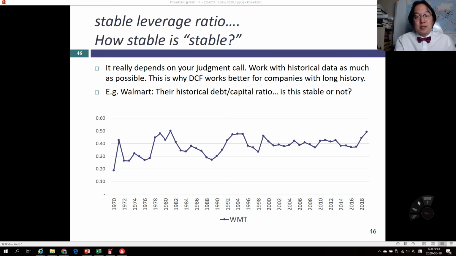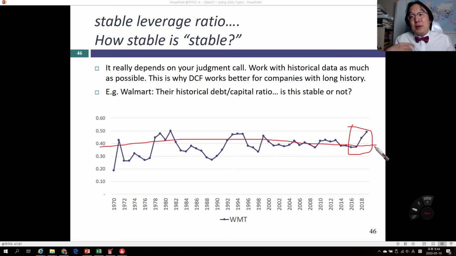And here is Walmart's history, going all the way back to 1970. Now you see the change from here to here, and what you will see is there's some average debt to capital ratio that is just bouncing back and forth, back and forth, rather slowly, sometimes rather quickly, but it's just in that 40% range, about there.